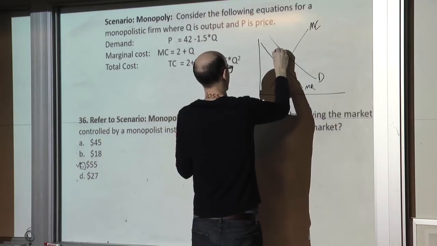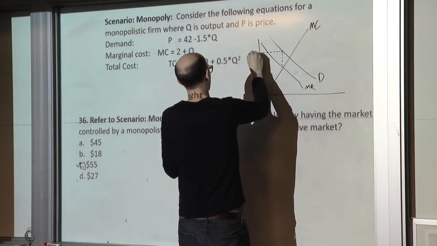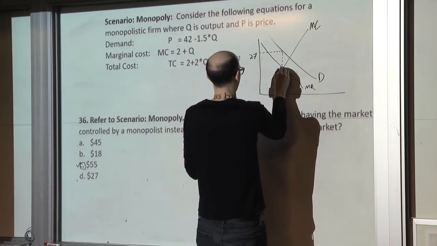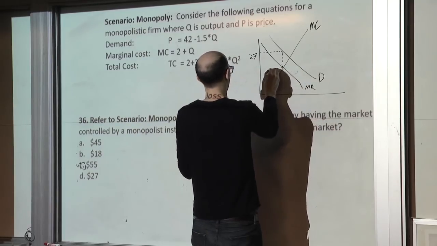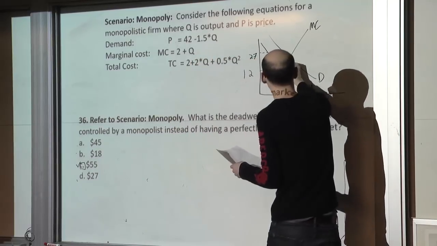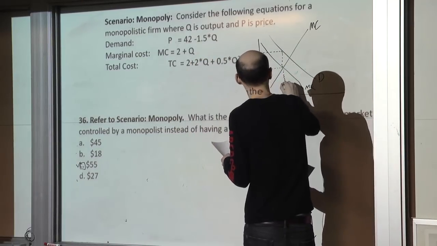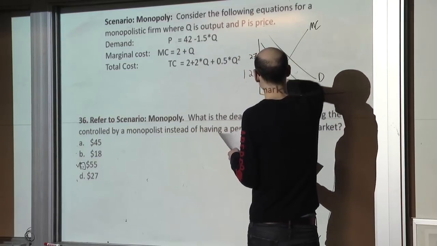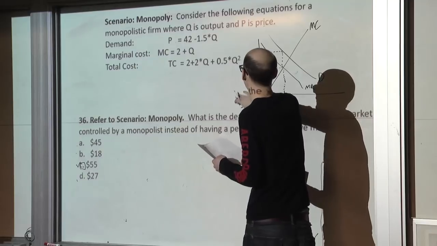They're going to mark up the price to the demand curve at 27. We got that from question 34. We know that if we plugged 10, the optimal quantity, into the marginal cost curve, we would get 12. Okay.